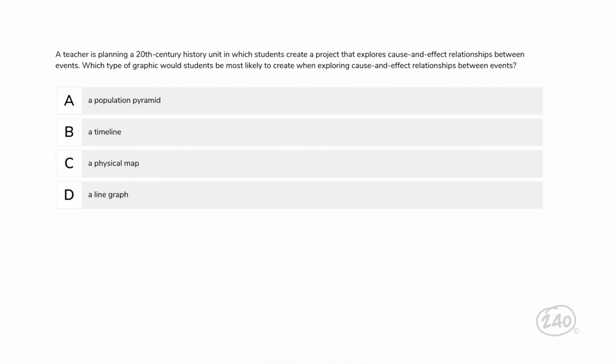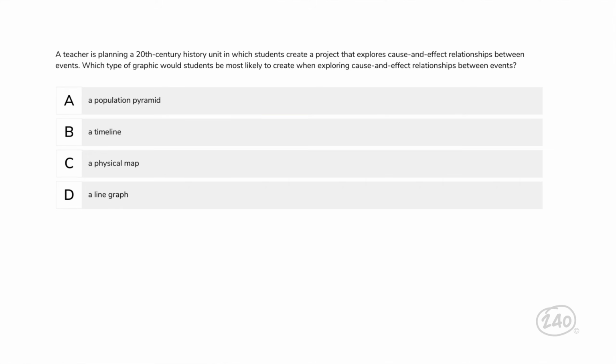Here we go. A teacher is planning a 20th century history unit in which students create a project that explores cause and effect relationships between events. Which type of graphic would students be most likely to create when exploring cause and effect relationships between events? A population pyramid, a timeline, a physical map, or a line graph? This question gives a lot of info you really don't need.